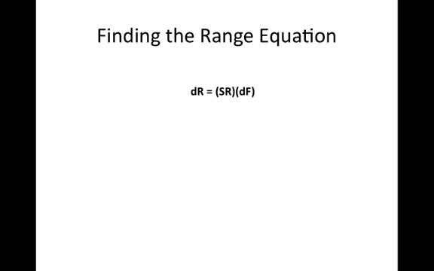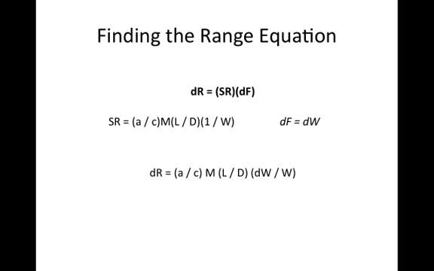Now, returning to our range equation, we have an expression for the specific range, and we know that the change in fuel weight of the aircraft is going to equal the overall change in weight of the aircraft, since it's the only weight that's actually changing on an aircraft in flight. Substituting that in, we have this expression, which includes the weight, the velocity, the lift and drag, the Mach number, and specific fuel consumption of the aircraft.